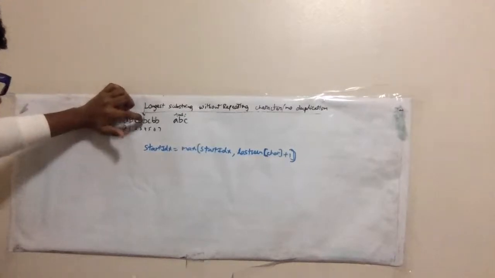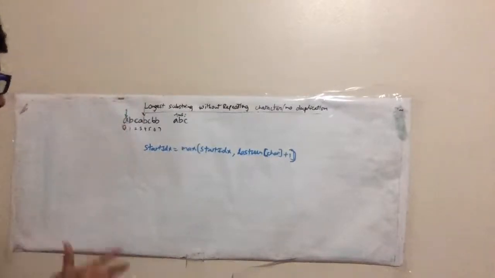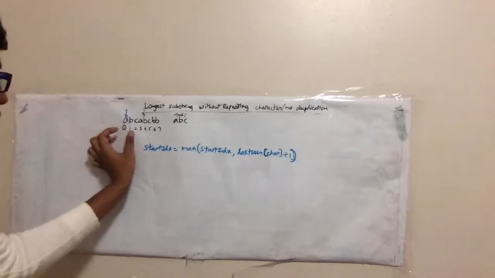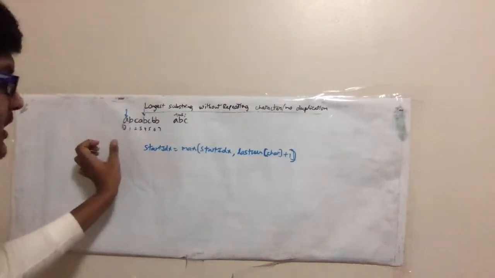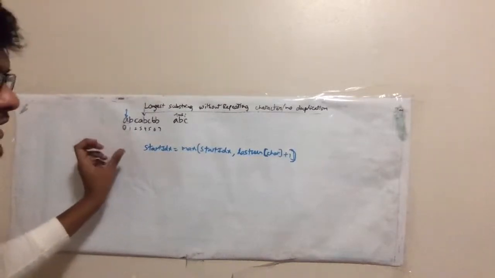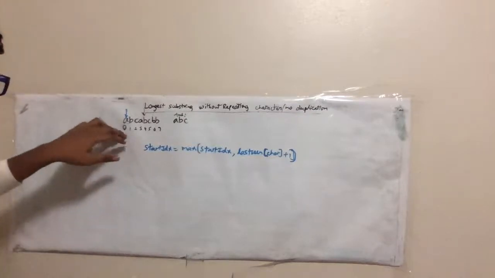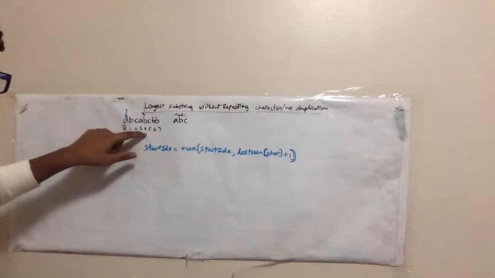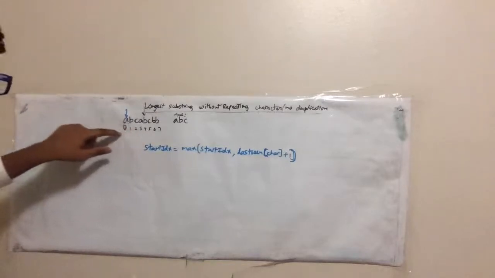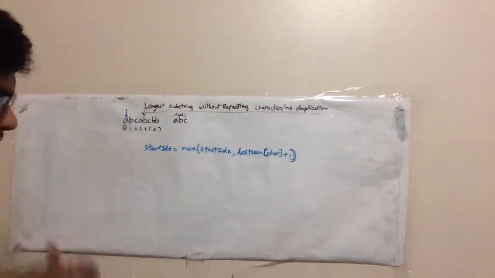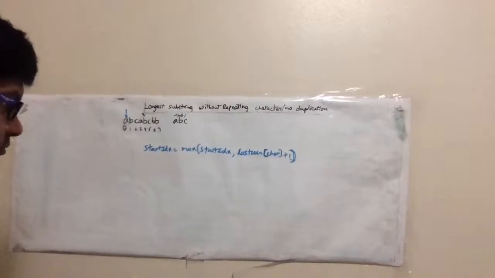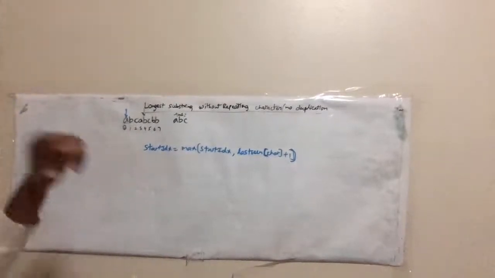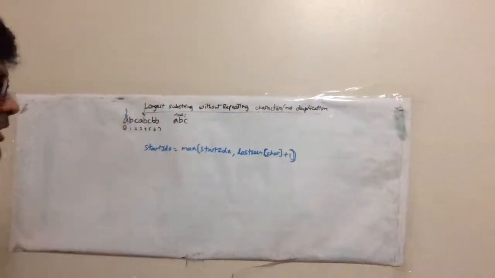So it will be updated to B. Why? Because we need to consider a string that doesn't contain repeating characters. If you point here, this can't be considered as a single string for our problem.